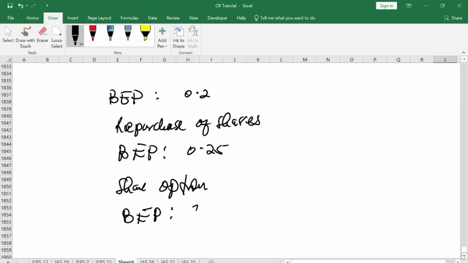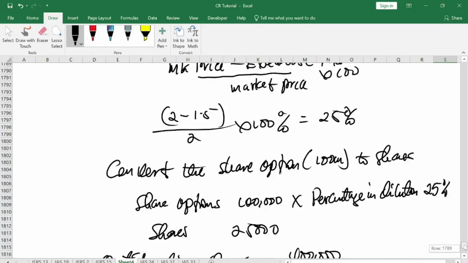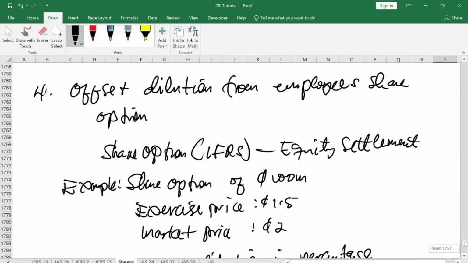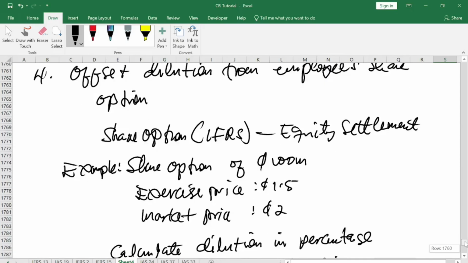Your basic earning per share has reduced after the share option, because you've increased the number of equity shares, so it surely affects the basic earning per share. So this is the fourth reason: it will dilute the basic earning per share.